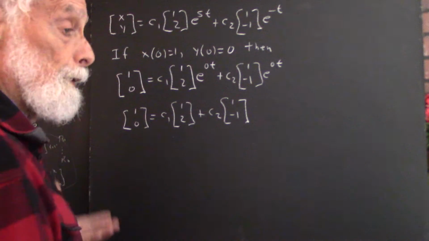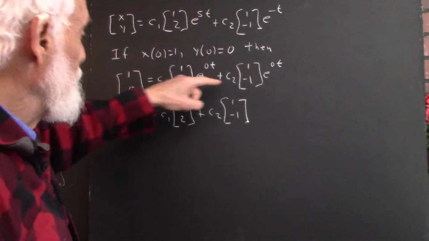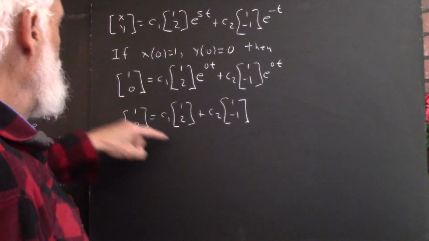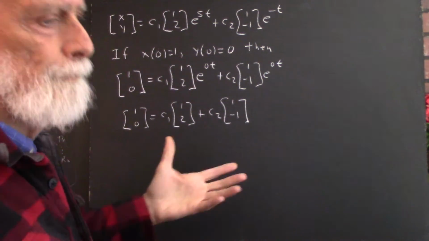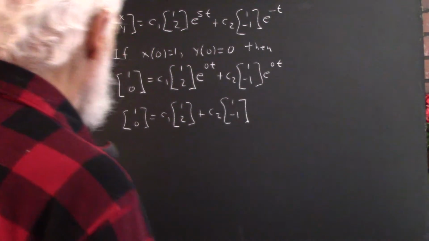Well, we could write out a system of two equations. C1 plus C2 equals 1. 2C1 minus C2 equals 0. I'm going to immerse you in just a little linear algebra here.